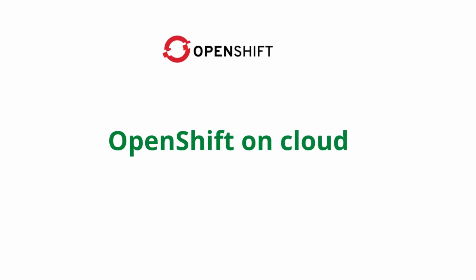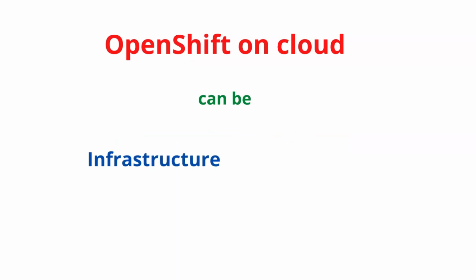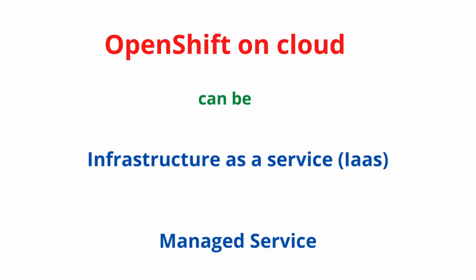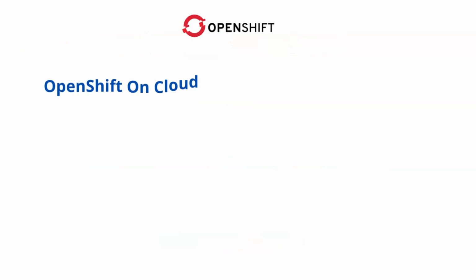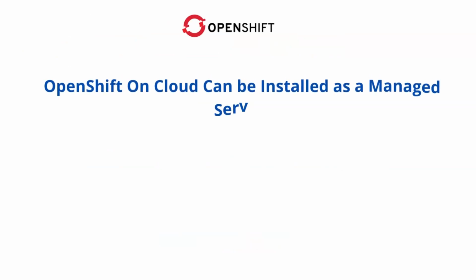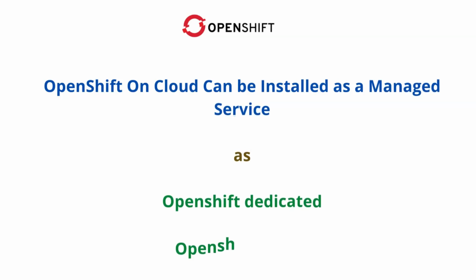And the third one is OpenShift on the cloud. At the beginning of this lesson, I mentioned that OpenShift can be installed on the cloud as IaaS, which is Infrastructure as a Service, and as a managed service on the cloud. Yes, this is true. OpenShift can be installed on the cloud as a managed service where the cloud provider, for example, Azure and Red Hat, will jointly manage the OpenShift Container Platform for you.